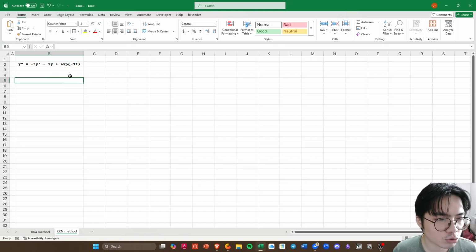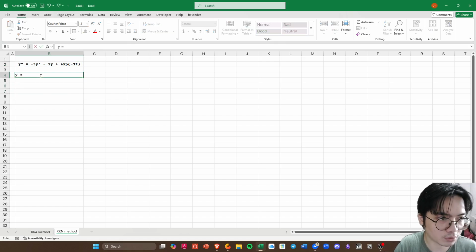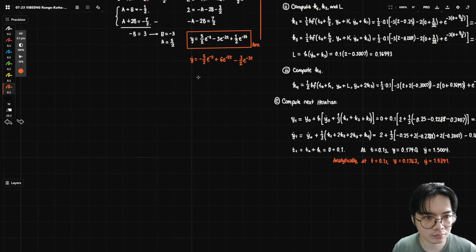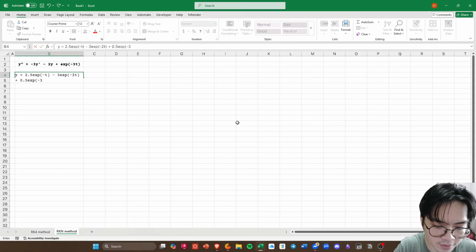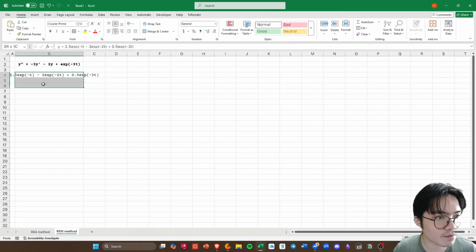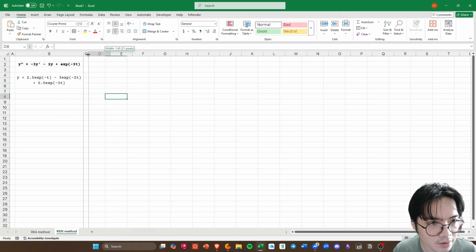And our analytical solution was, ano yun ulit? Y is equal to 5 halves. So, 2.5 e raised to negative t minus 3 e raised to negative 2t. And then plus 1 half e raised to negative 3t. This is everything we know so far. Wrap text. Yeah.